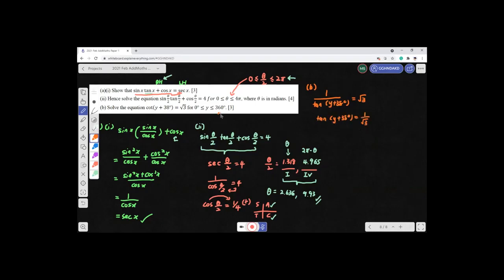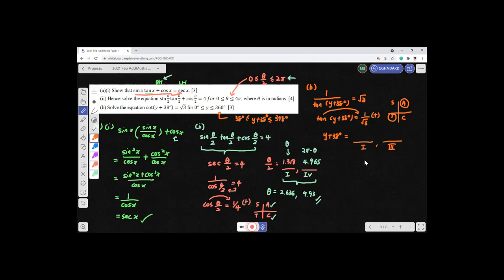And your range here has to change into y + 38°, so you get 398°, and the other one will be 38° because you plus 38. So you shift tan, and for the positive answer, tangent is positive in quadrant 3 and 1.